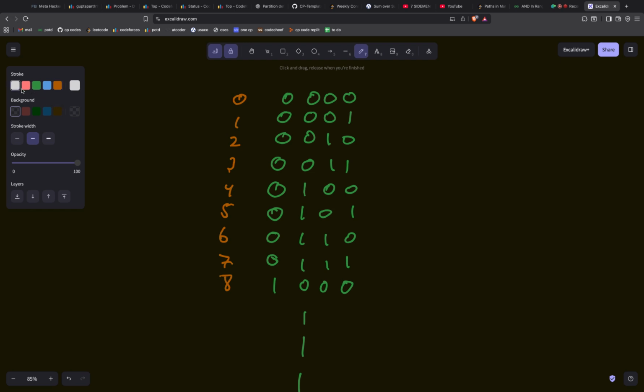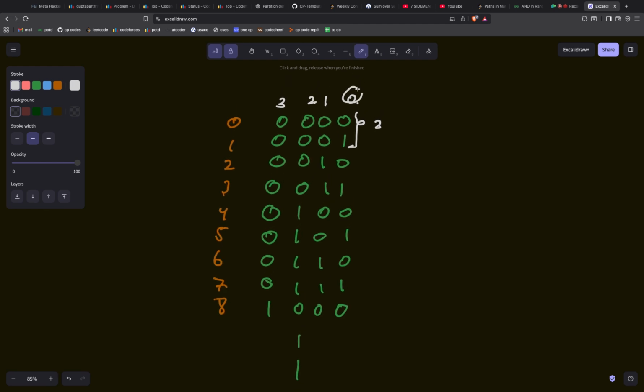The cool property, if you do not know this, and if you know this, well and good, is that this is the 0th bit, this is the 1st bit, this is the second bit, this is the third bit. Now a bit b will form a group of 2 raised to the power b plus 1. Basically here there's a group of size 2 raised to power 0 plus 1, that is size 2.